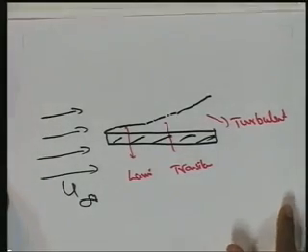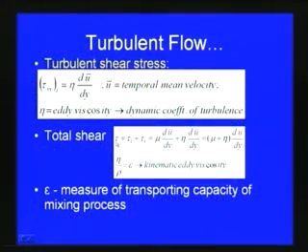When you consider the total shear stress, as you can see in this slide, the total shear stress tau is equal to tau laminar plus tau turbulent. As we have already discussed, the laminar shear stress can be expressed as mu into du bar by dy, and the turbulent shear stress is expressed as eta into du bar by dy.